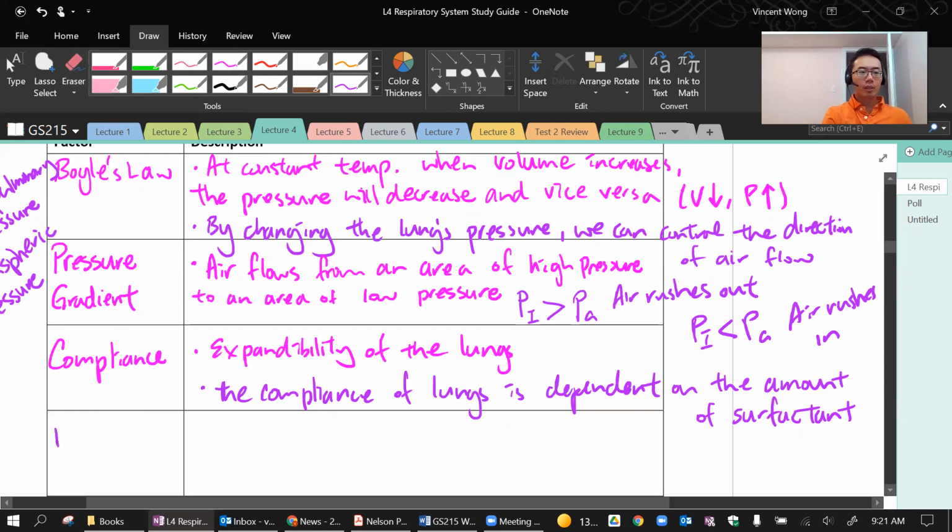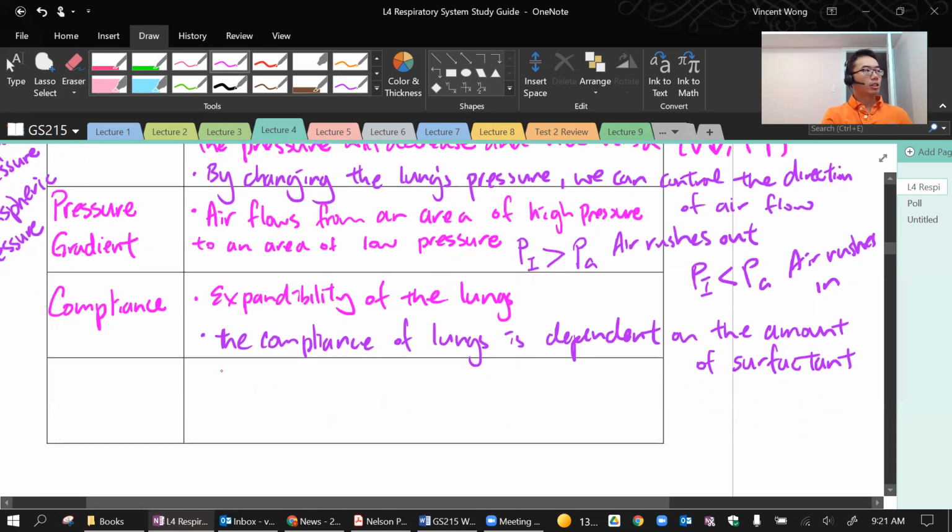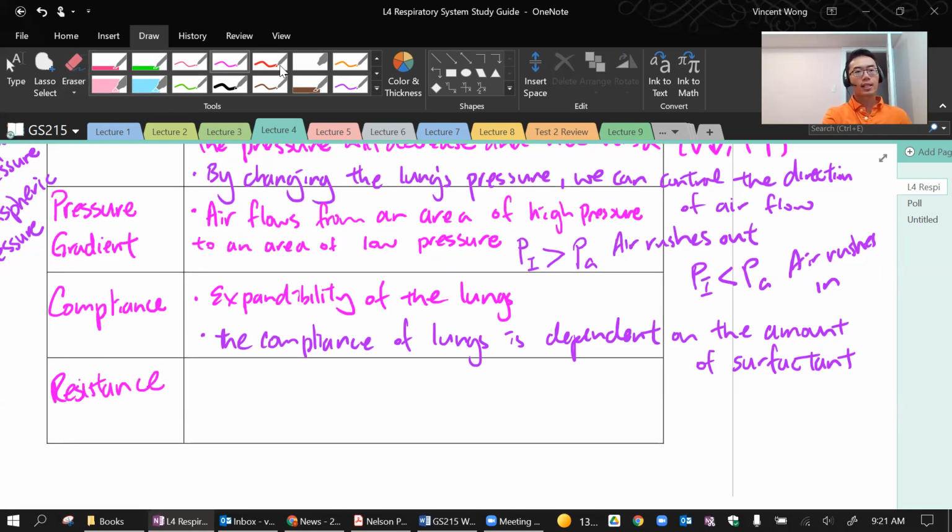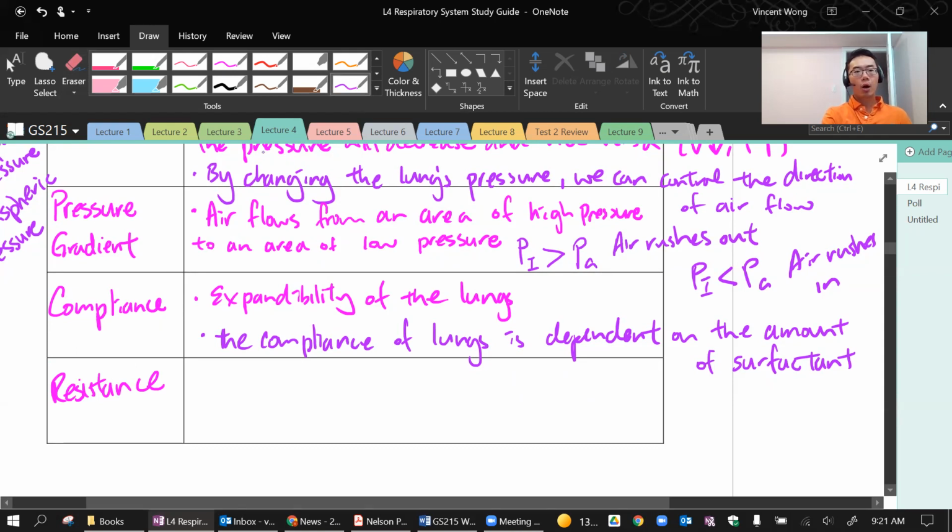Finally, does anybody remember what the last factor that affects airflow is? Anybody? Resistance to airflow, that's right. The last one is resistance. Thank you. Resistance is basically how obstructed the airway is.